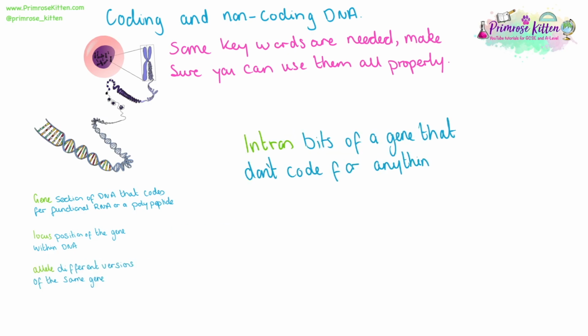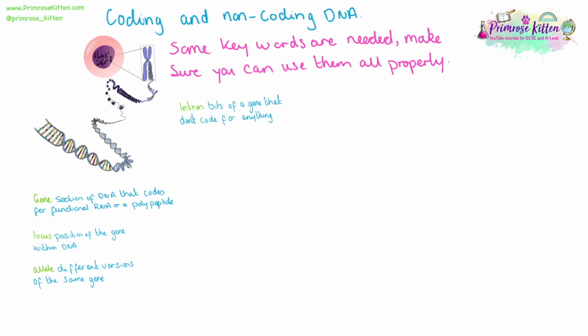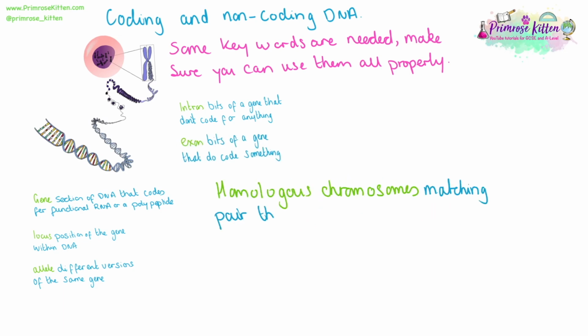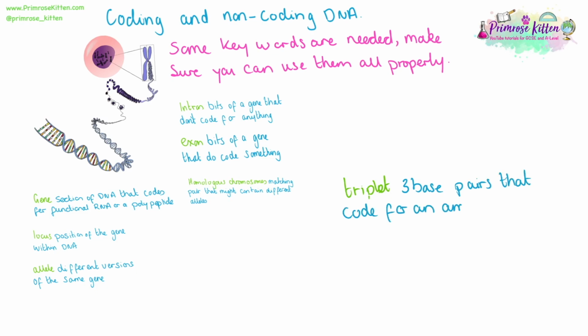Introns are bits of a gene that don't code for anything. And exons are bits of the gene that do code something. Homologous chromosomes are matching pairs that might contain different alleles. A triplet is 3 base pairs that code for an amino acid.